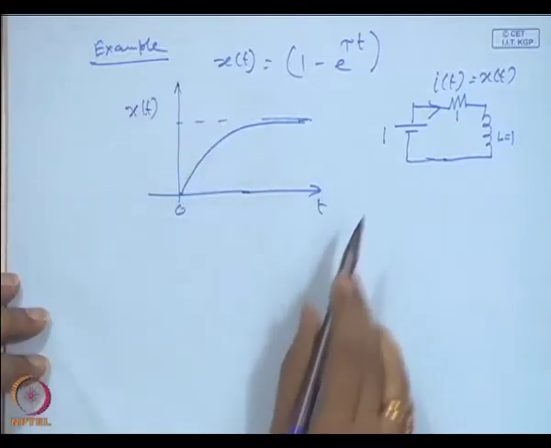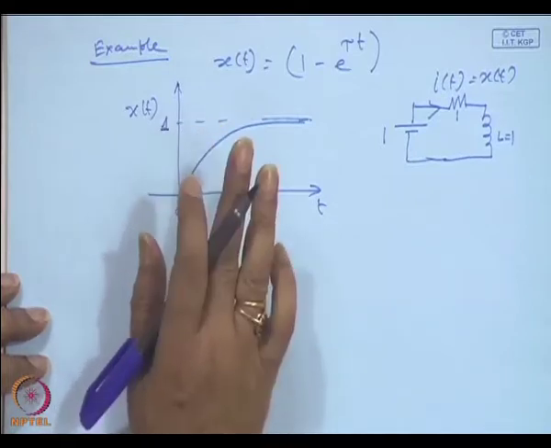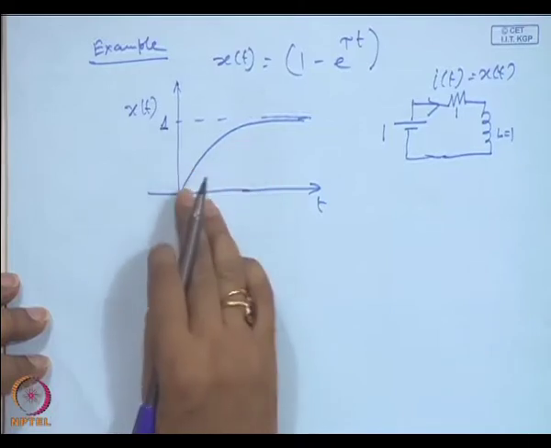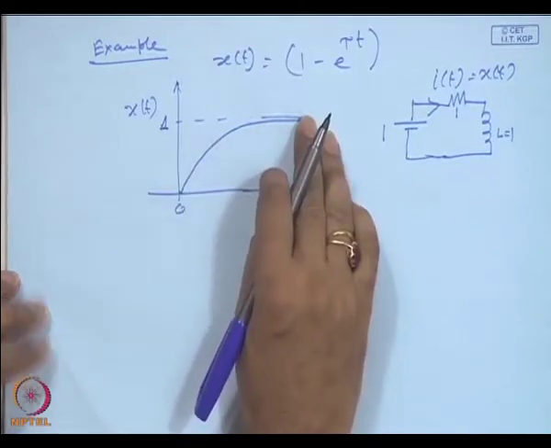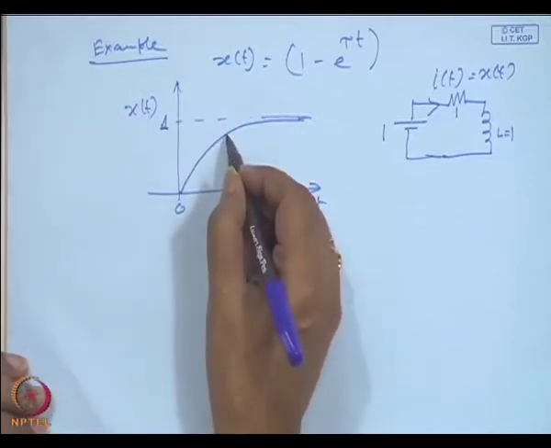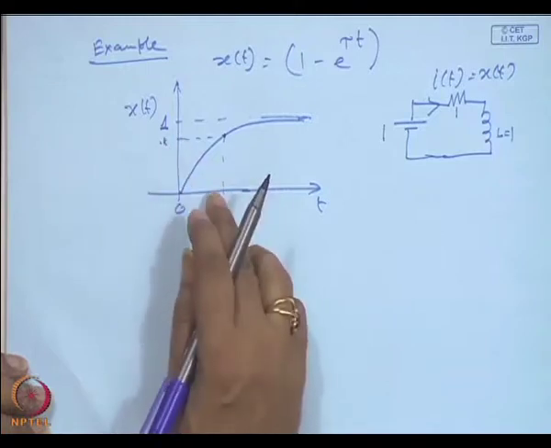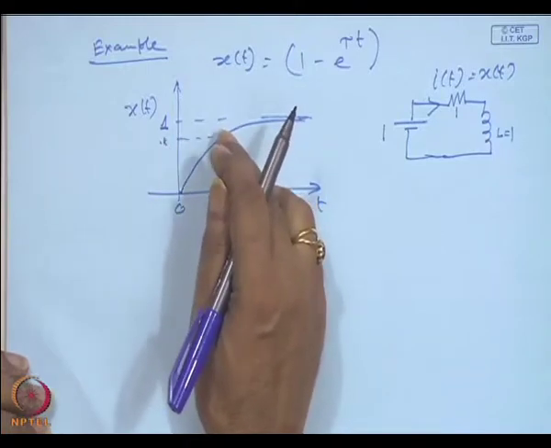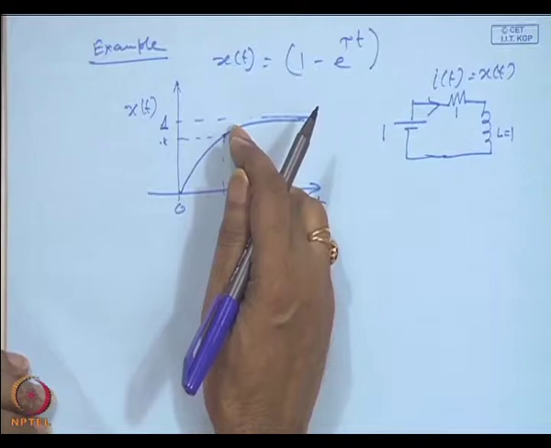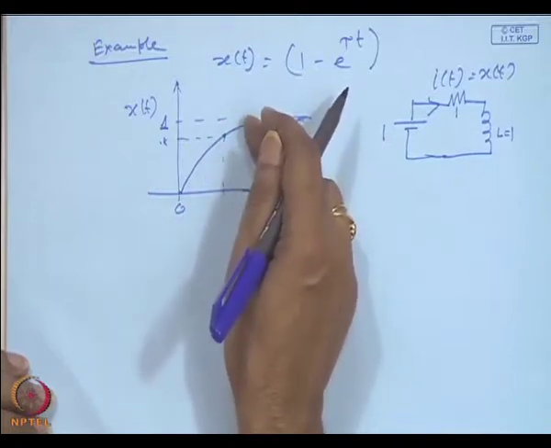Now, the maximum value of this one I cannot say. Why? I can say the least upper bound of this signal is 1, because at this point, whatever the value is, say 0.8, after some time the value will be greater than 0.8. Again, after some time the value is greater.